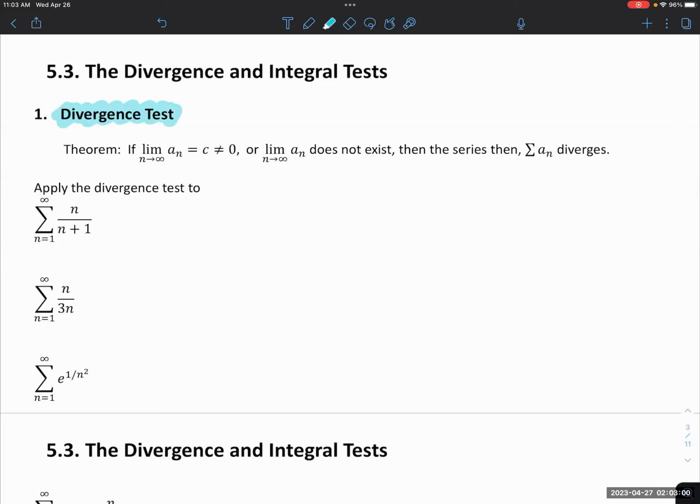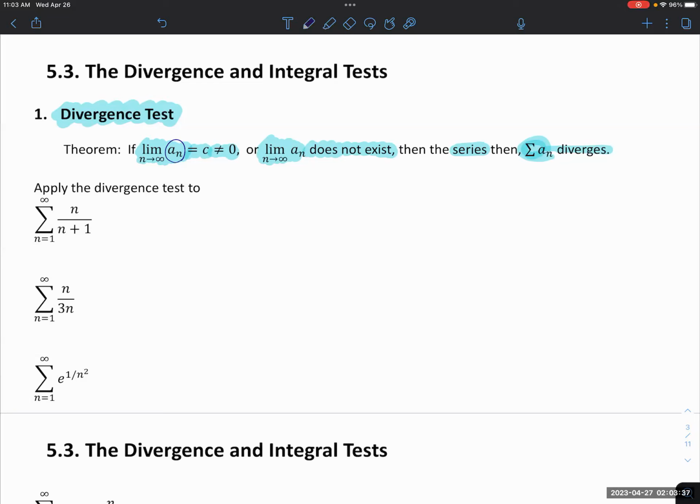If you have a general form of the sequence a_n and take the limit and check whether it is heading to a certain number C that is not zero, or the limit of the sequence does not exist, then automatically the series, I'm not talking about the sequence, of that form will be divergent all the time.